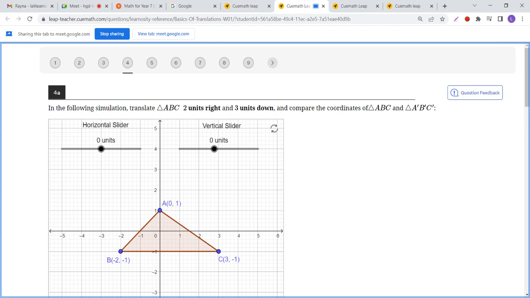And then it will go to 3, 4. So the new coordinates of A dash, B dash, and C dash are going to be 3, 4 for all 3 points.